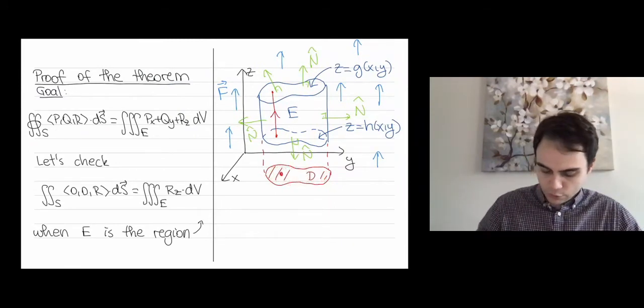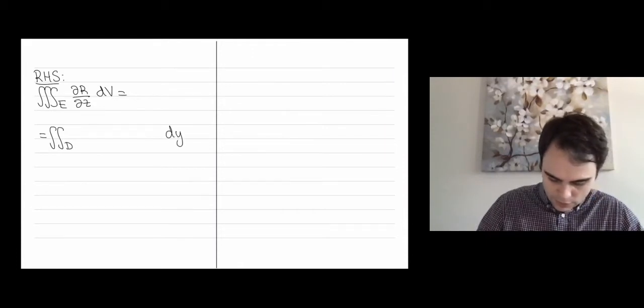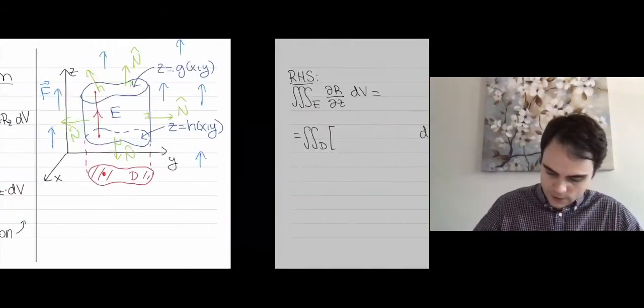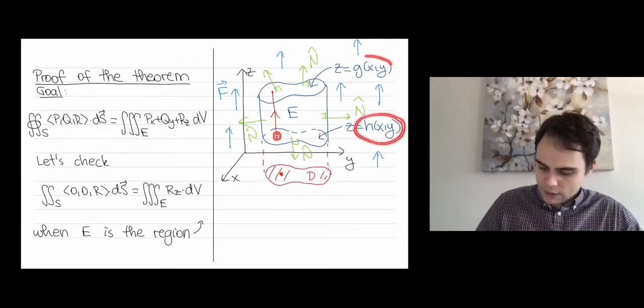We're doing a double integral over D, with respect to dx and dy. And then for each point on this region, I'm integrating with respect to z on this segment over here. So z starts at being equal to h of x, y, and it stops when it's equal to g of x, y.